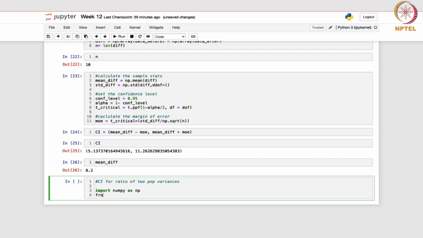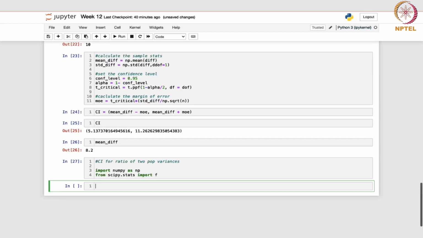And we also need from scipy.stats import f. We need f distribution in this case because we are dealing with the ratio of two chi-squares. So if you can recall, we have studied this earlier in sampling distribution and in other places as well. So we need this to calculate the critical f values.